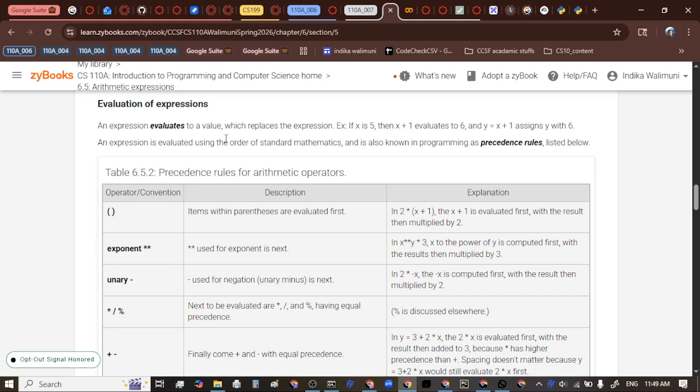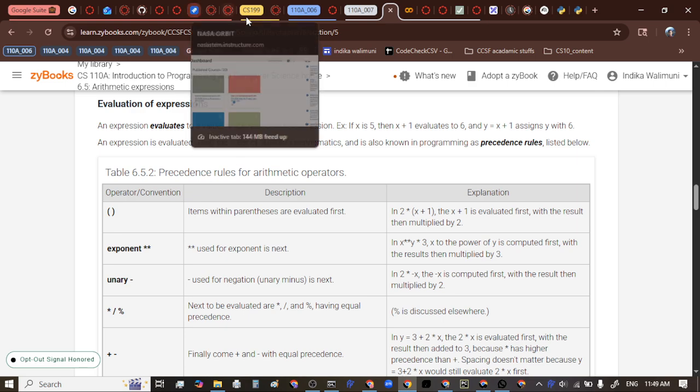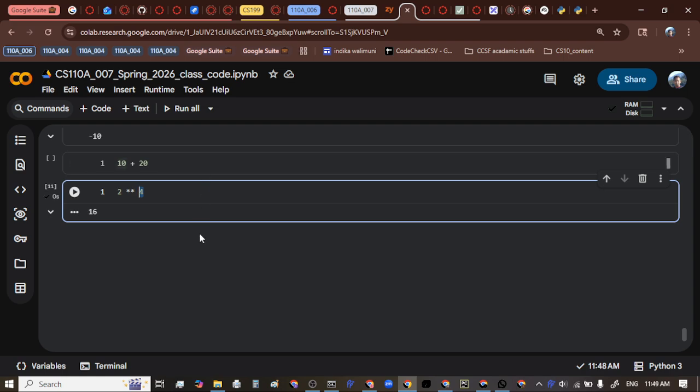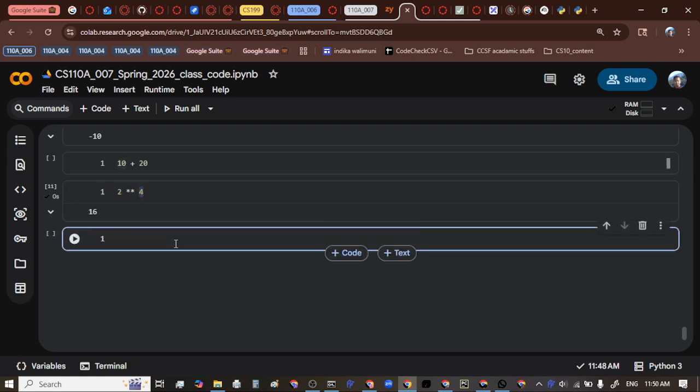If we see something in brackets, we do that first, right? For example in math, if I have 20 minus 9 in brackets, and then times 3, we don't multiply first and then do the subtraction.